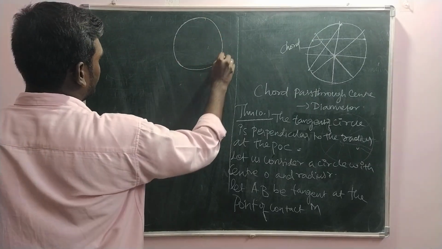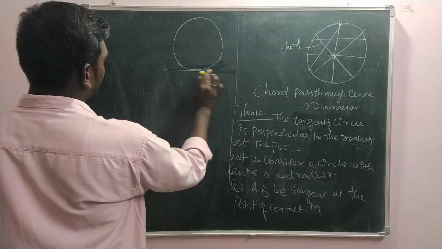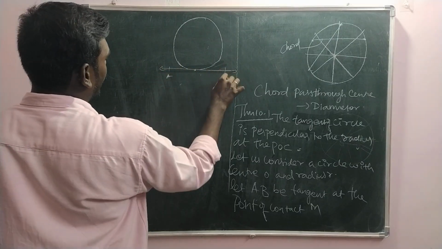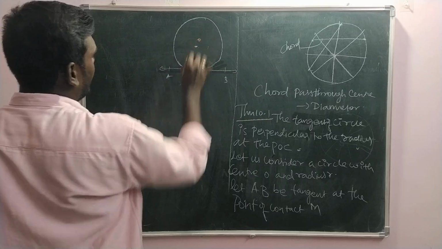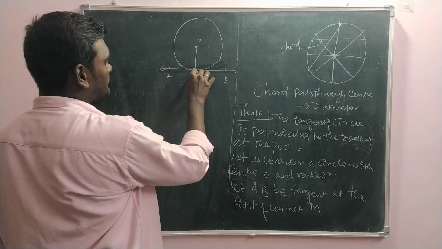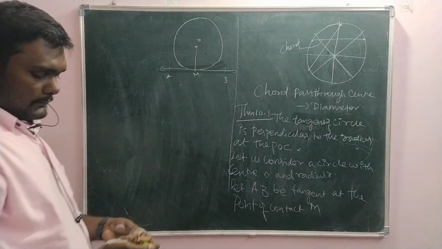This is a circle, the tangent AB, center O, and the point of contact is M.